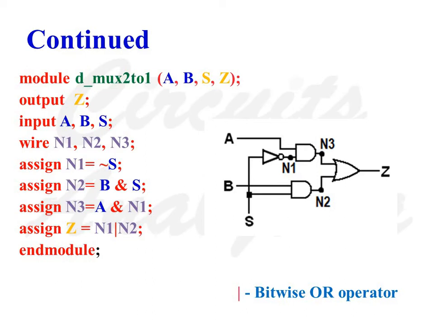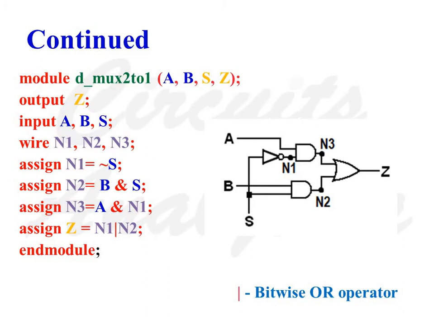Assign N2 is equal to B and S semicolon. Assign N3 is equal to A and N1 semicolon specifies that the signal N3 is driven by the output of a two-input AND gate whose two inputs are A and N1.